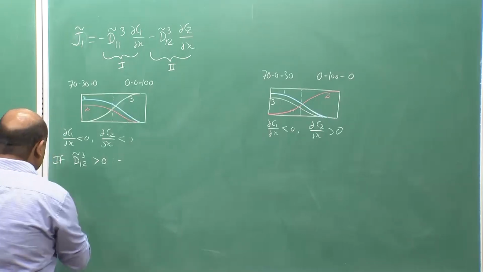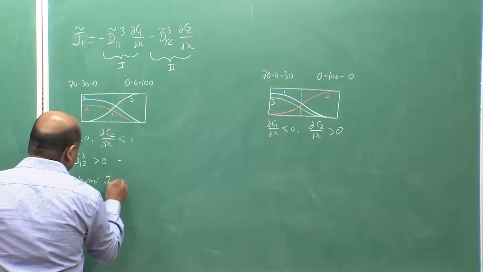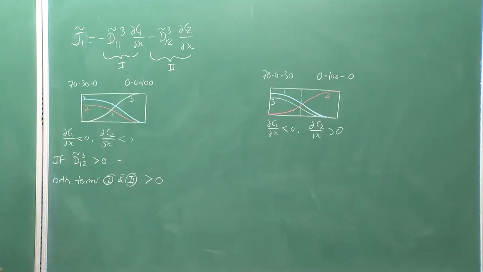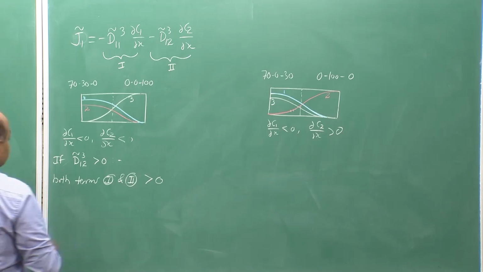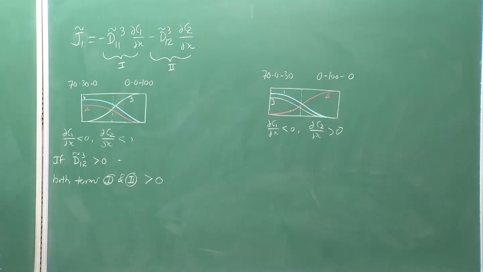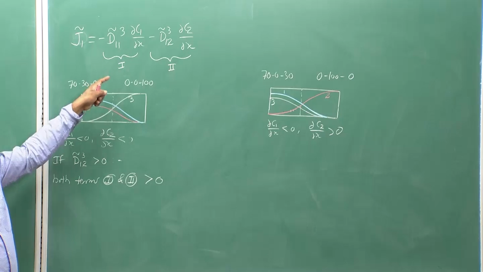So both terms are positive, which means the flux of 1 is enhanced down the gradient of 2, because D12 is positive.